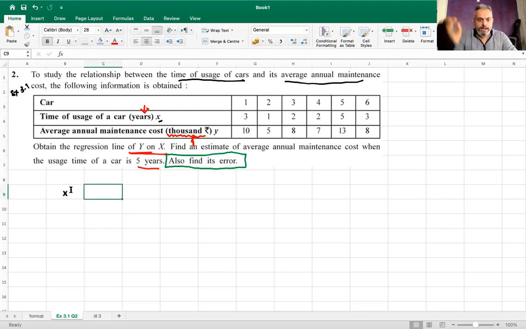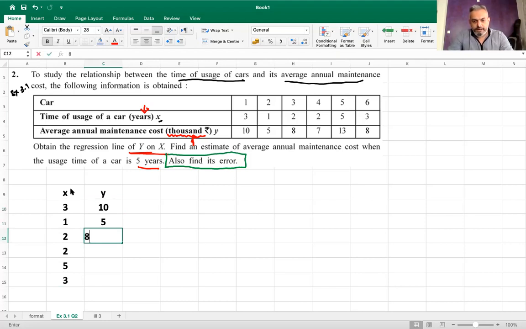X, Y. You can see while you write the numbers, the numbers are very small, so easy for calculation. 10, 5, 8, 7, 13, and 8. Always check the question after you have written: 3, 10; 1, 5; 2, 8; 2, 7; 5, 13; and 3, 8. Cool. Now let's find the mean. So let's do the total.